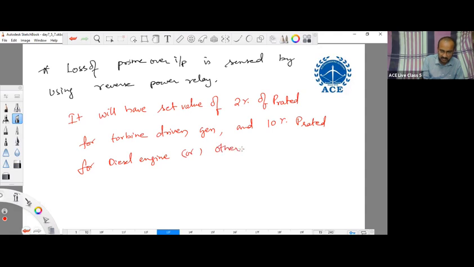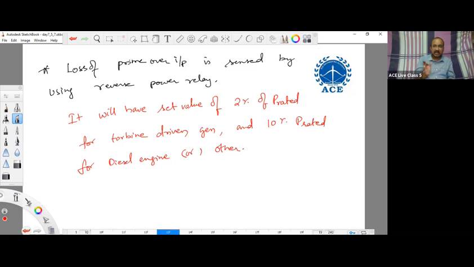So for turbine driven generators, 2% of P rated will be the set value. If it is driven by diesel engines or any other mechanism, it will be around 10% of rated power.